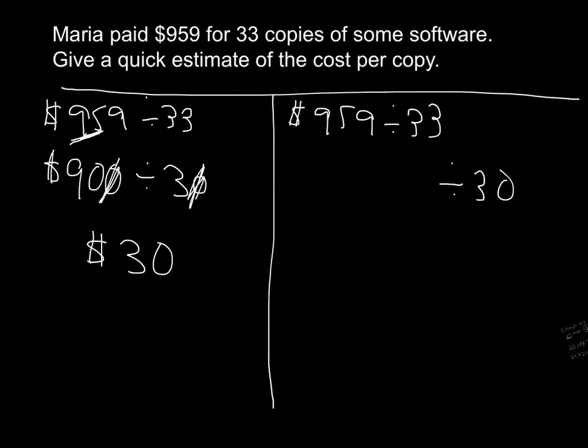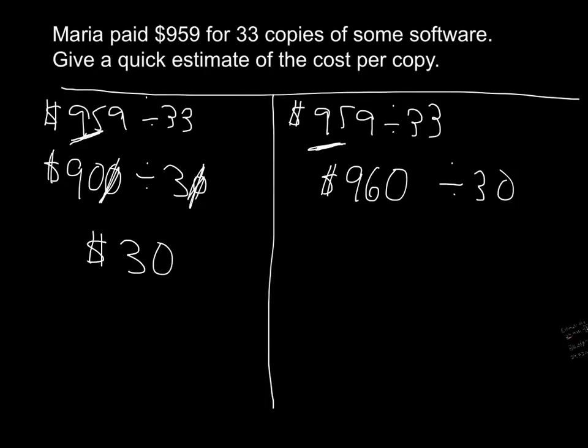Now, some of you may have been a little closer to the way I showed to do it, even though it is a little more work on this one. You could say 95 is very close to 96, because we know that 96 is divisible by 3. So you could have 960 divided by 30. This answer will probably be a little more precise. It does take a little more work.